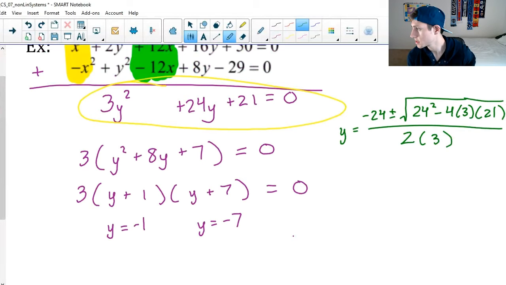So it would be the same exact quadratic formula that we're used to using, except instead of x, it's y, but it's still the same exact setup. Does that answer your question?